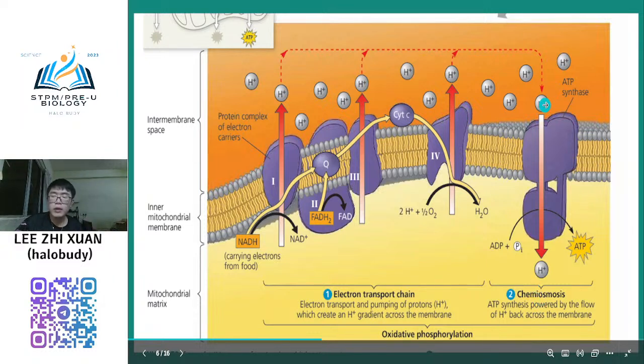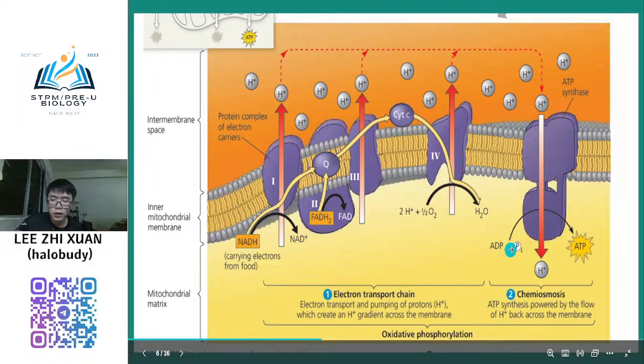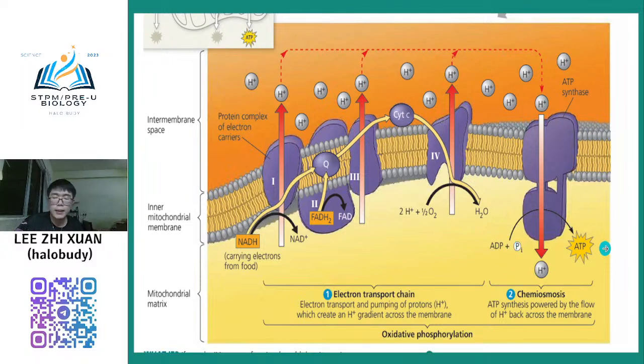This hydrogen ion provides the energy to ADP, so the ADP can undergo the phosphorylation process to form ATP.